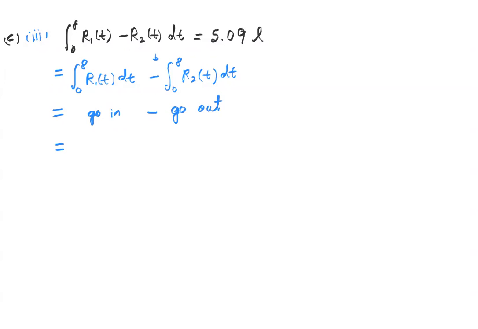So what do you mean by the 5.09? Can someone tell me? Yes, can I say after 8 minutes, the volume of water remaining inside the kayak is 5.09 liter. Perfectly okay.